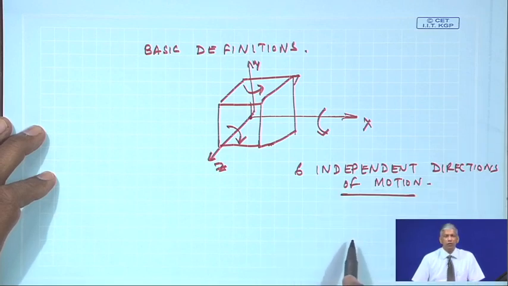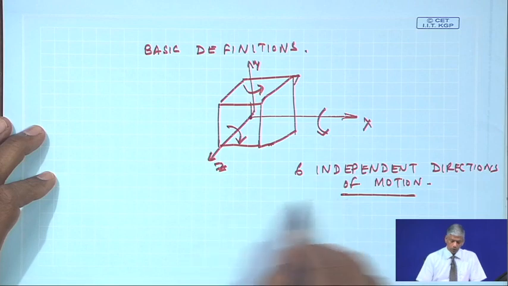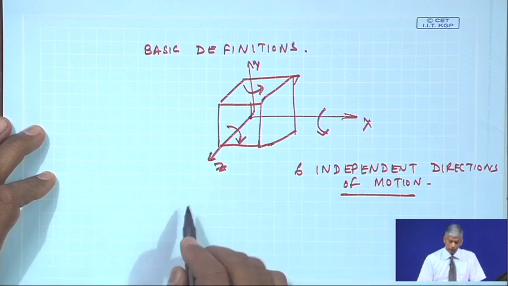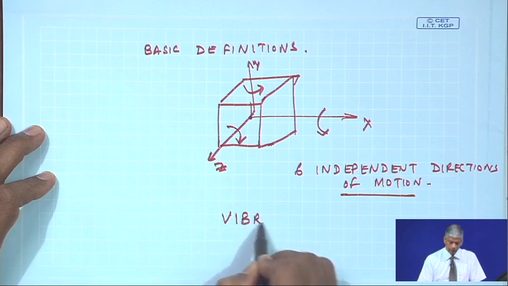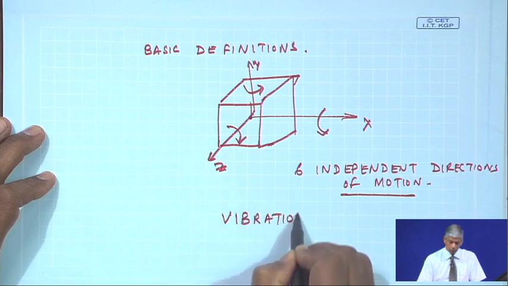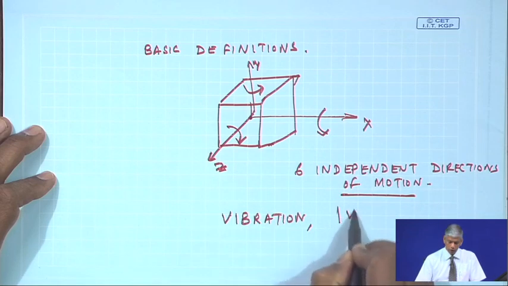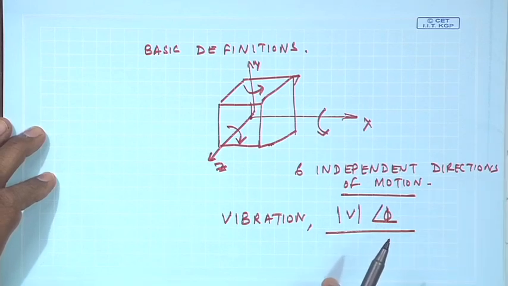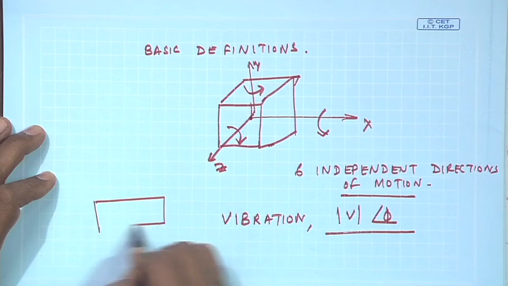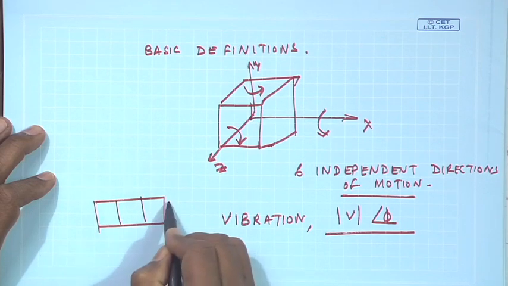And each such direction is known as a degree of freedom. So, vibration definitely comes with a direction. So, vibration is a vector quantity. So, it has both magnitude and also phase. So, we will consider vibration many times as to whether we will have a body where we can divide into many small masses.